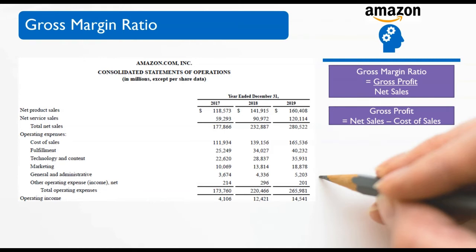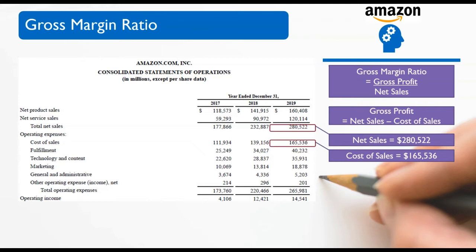First, we'll need to calculate gross profit. So how do you get to gross profit? Well, you take net sales less the cost of goods sold or cost of sales. Here, we can see Amazon had net sales of around $280.5 billion for fiscal 2019.